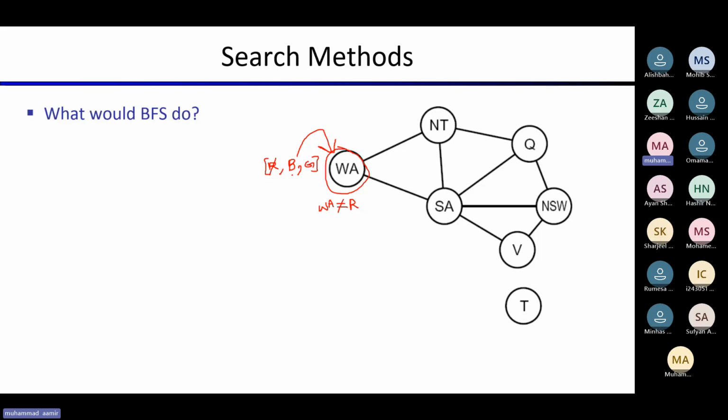So now we have two options left: either we can assign blue or we can assign green. If there is no unary constraint, we can assign any of these colors. Remember, we are following BFS. So once we assign, let's say, blue to Western Australia, then using BFS we will go to, let's say, Southern Australia.